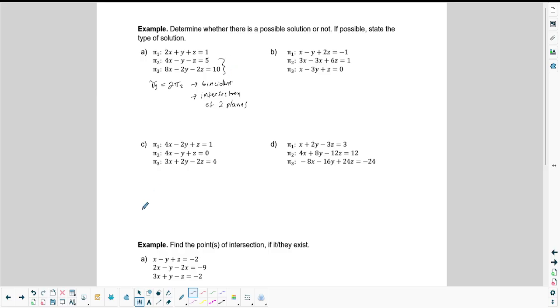They're just multiples of each other. So you really have plane 2 and plane 1. How do those two intersect? You get, that's supposed to be an infinity symbol, infinite solutions. So there is a solution possible. There's infinite of them, and it's a straight line.